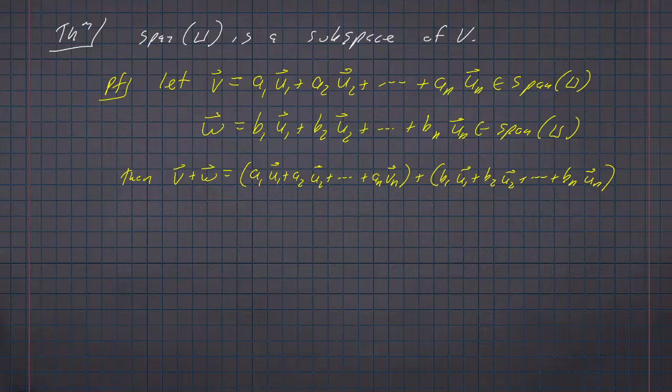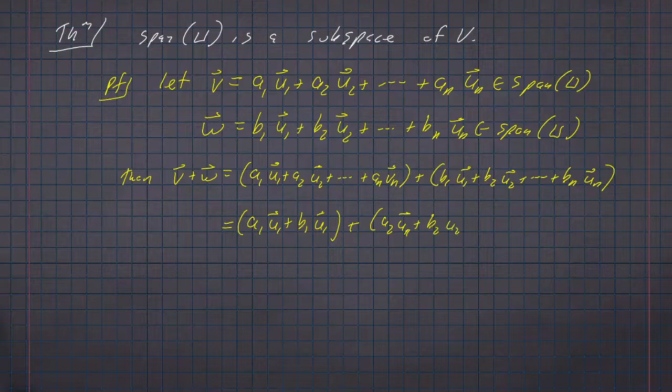But all of these things are elements of the vector space V. And vector addition in vector space V must be commutative and associative, which means I can rearrange this and get a1u1 plus b1u1 together, and a2u2 plus b2u2 together, and all the way down until I get anun plus bnun all together.